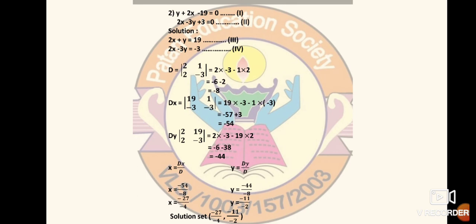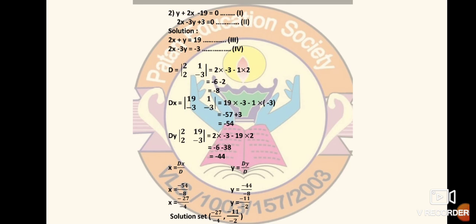Now dx. To calculate the value of dx, x will be replaced by 19 and negative 3, and the values of y, that is 1 and negative 3, will remain as they are. So 19 into negative 3, minus sign from the formula, 1 into negative 3. 19 into negative 3: 19 3s are 57, so it will become negative 57.